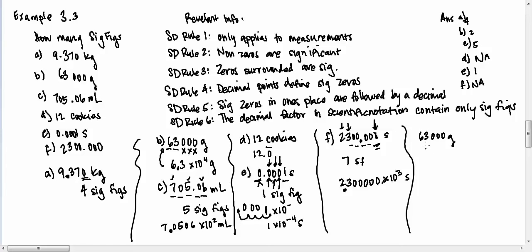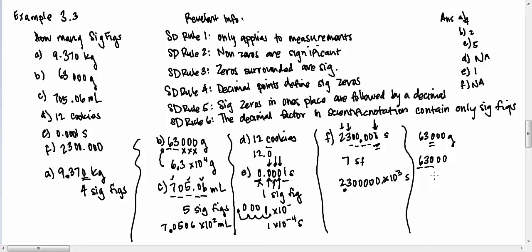So that actually means that, see this digit right here, the hundreds place, that is significant. So I have a number now, 63,000, where I want to express that it has 3 sig figs, because the 6 and 3 are significant, and then this extra 0 is significant, but those other 2 zeros aren't significant.